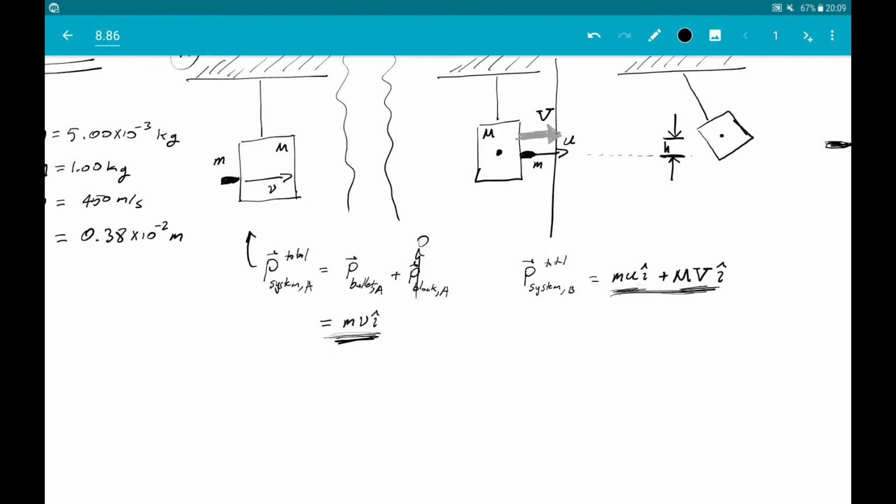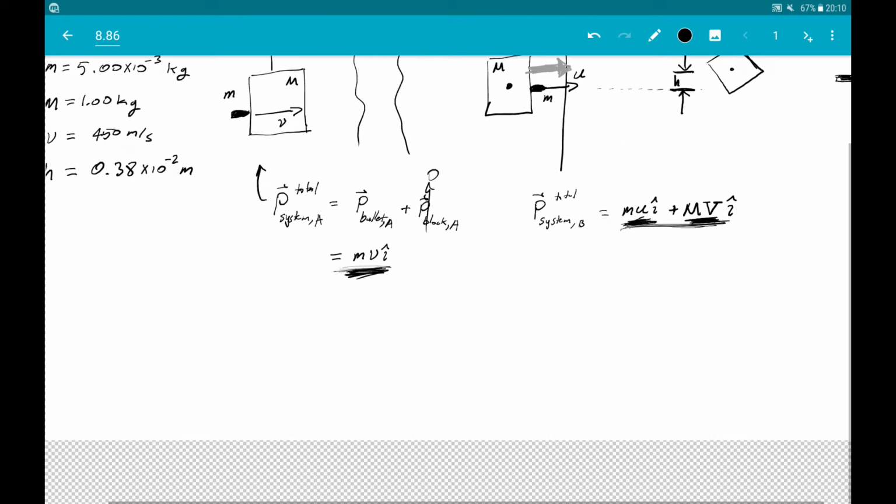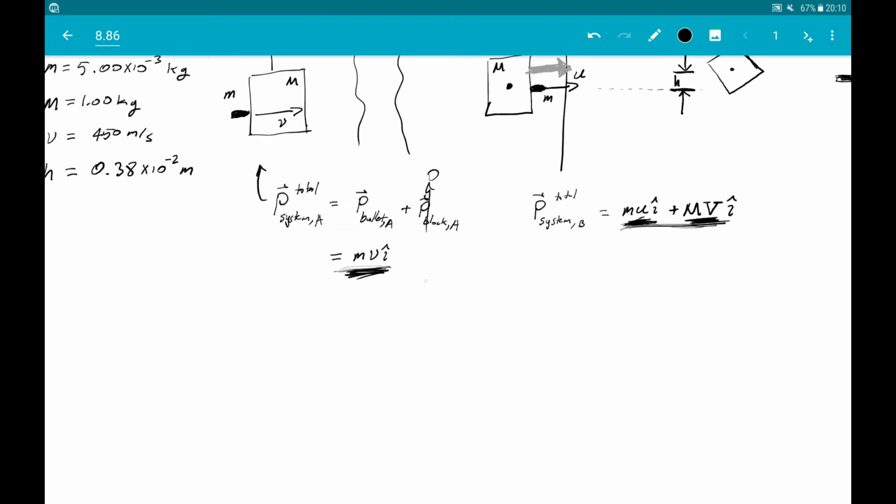They're both going in the same direction, so neither of these terms is going to be as big as this one term, because the conservation says mv has to equal mu plus big M, big V. So the speed of the bullet after the collision is simply mv minus big M, big V divided by little m, the bullet mass.